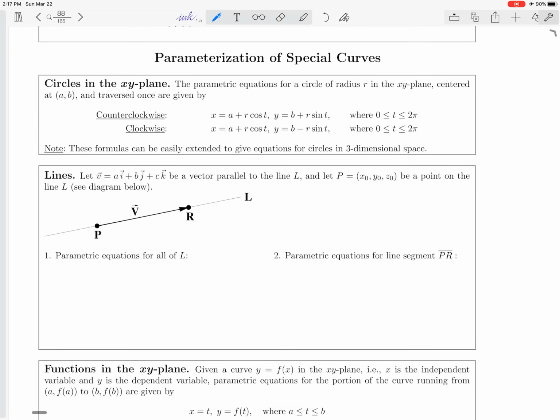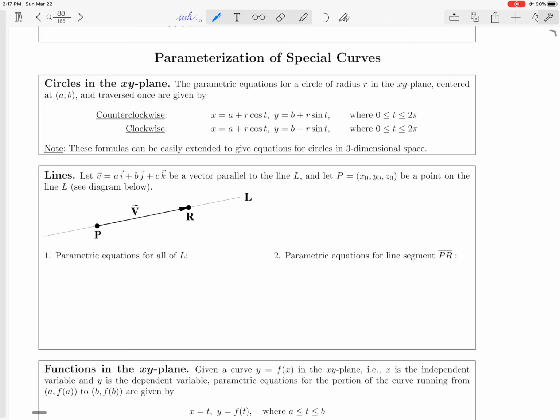We saw how to parameterize circles. And here I'm just giving the example of a circle of radius r in the xy plane centered at a comma b, and it's traversed only once. This could easily be extended to equations for circles in 3 dimensions.